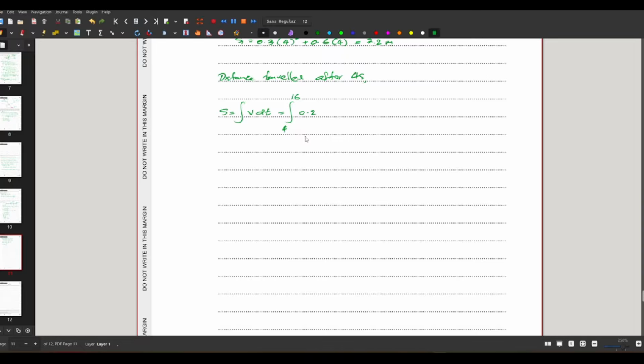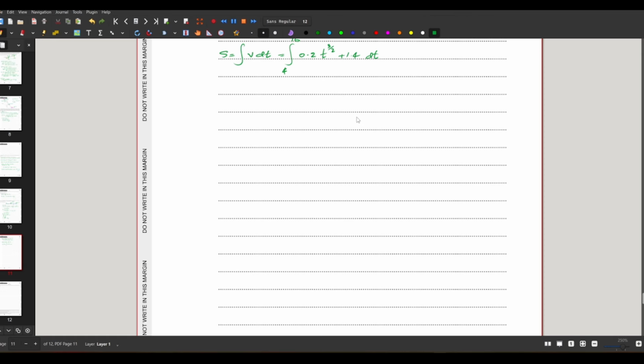The equation was 0.2 times t to the power 3 over 2 plus 1.4 dt. So now let's integrate it. Let's take that distance as S2. So this is 0.2 times the integration of t. So we have to add 1. So 3 over 2 plus 1 is 5 over 2. So I should divide by 5 over 2.